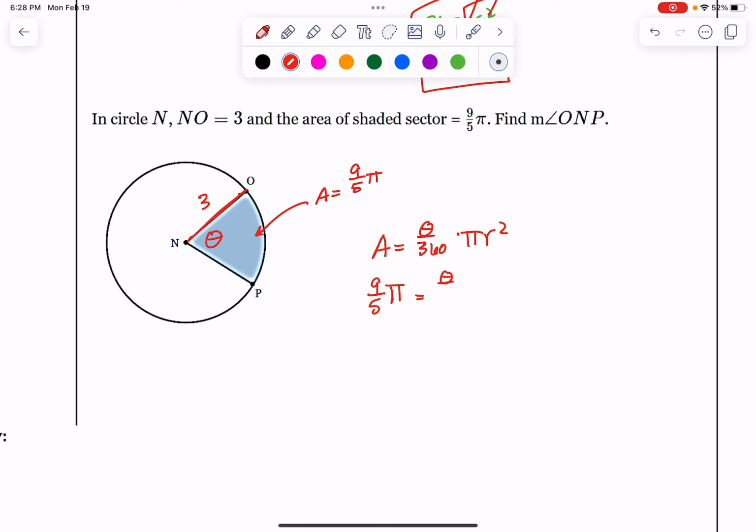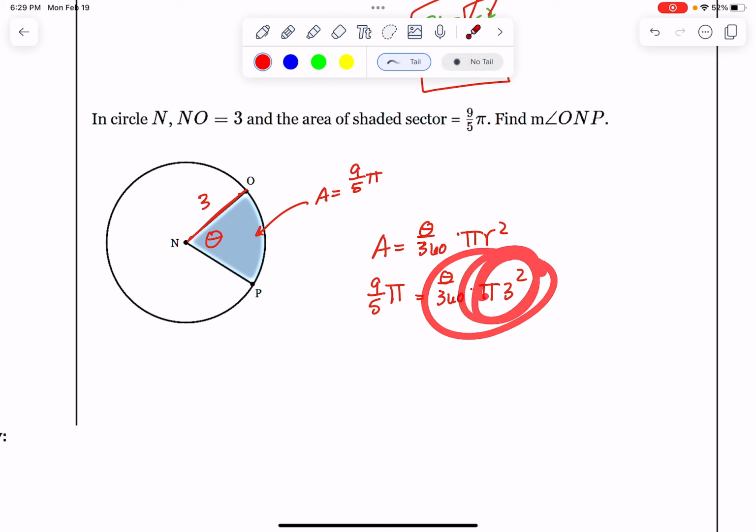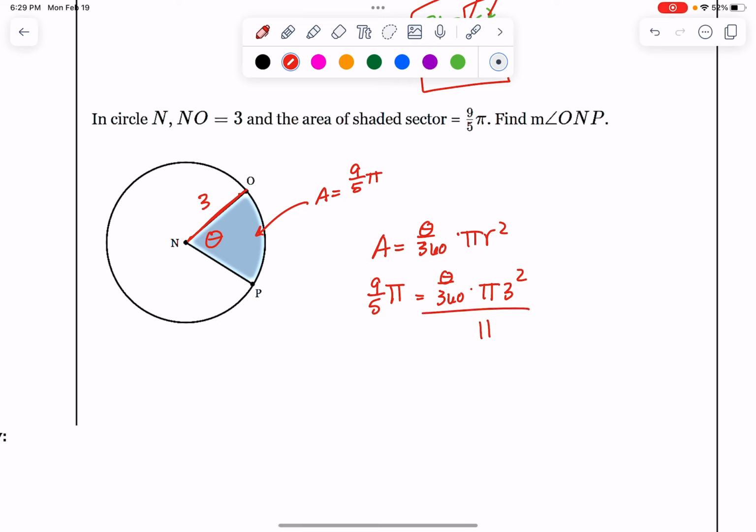Equals theta over 360 times pi 3 squared. Again, this is multiply. So I can just divide by that piece. Divide by pi 9. And those pi's cancel as well.